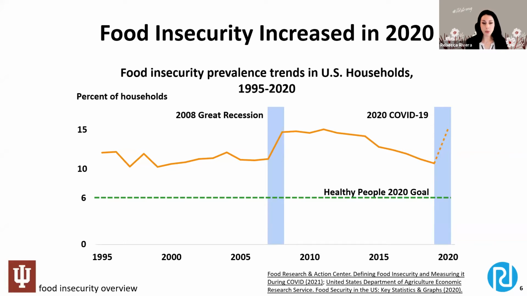We can see in 2008, related to the Great Recession, that food insecurity spiked. And it spiked to really high levels that we haven't seen in a long time. And those high levels were sustained for several years after, until recently, food insecurity started to decrease in prevalence and rate. And then COVID hit.